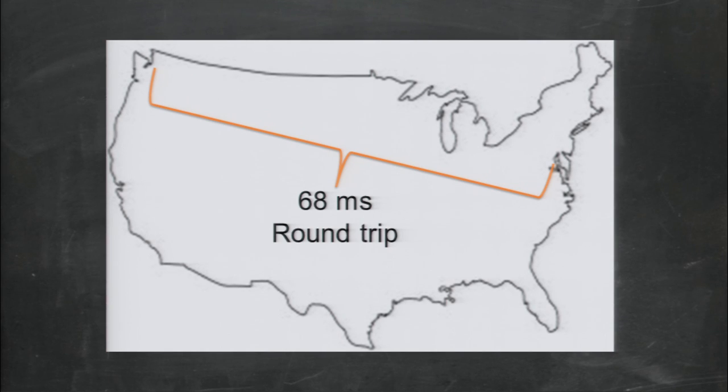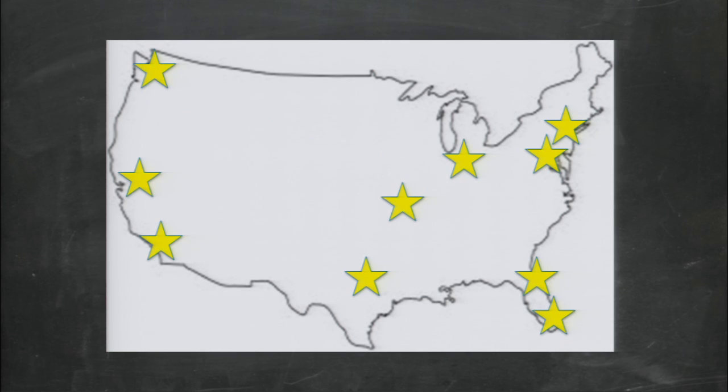If you're sensitive to that, 68 milliseconds can be a short period of time for some people, and it can be a really long time for other customers. CloudFront is a good solution then to use. These stars are just showing some of the POPs, or points of presence, that CloudFront has in the US. It gets you much closer to your customers.